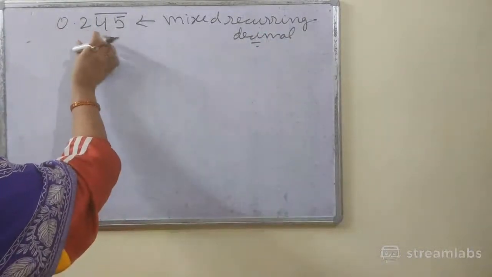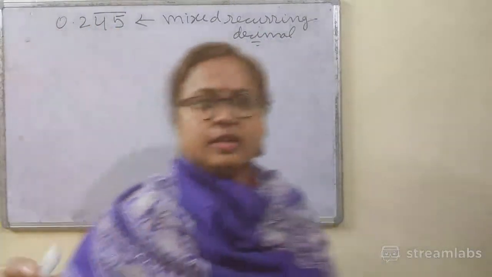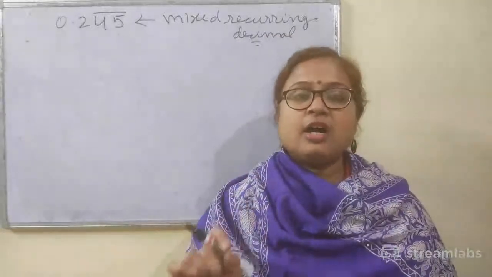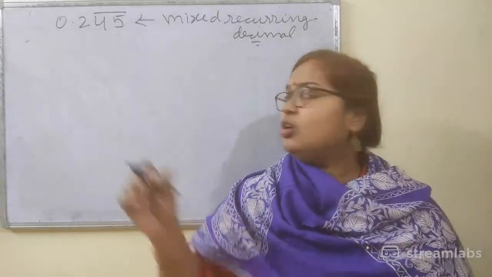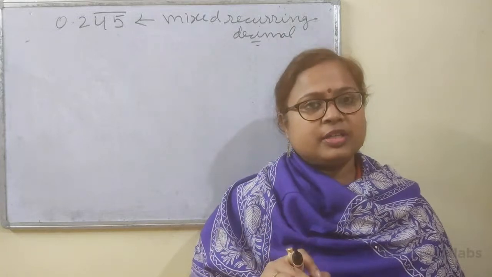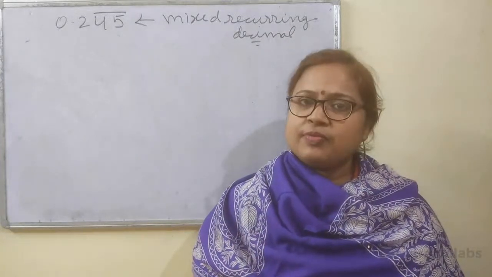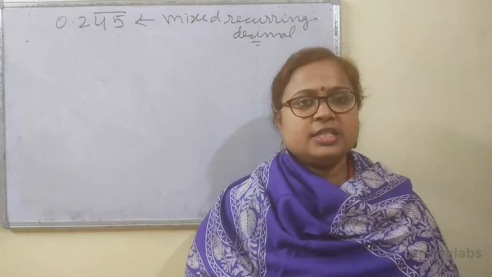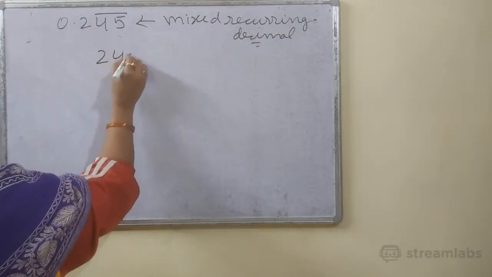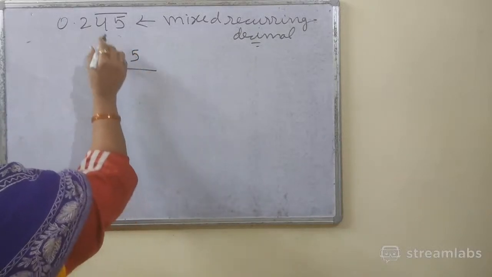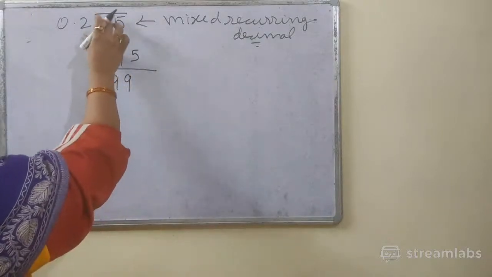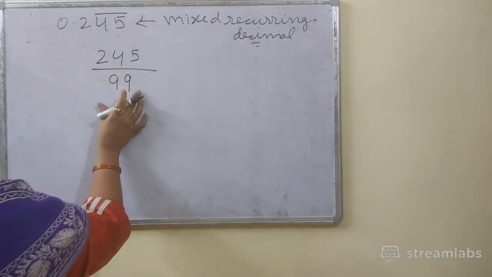Because here in the decimal part, clear, you must have noticed, all the numbers are not repeating. Only 4 and 5 are repeating. 2 is not repeating. So when you get such a decimal, no big process. You write here 2, 4, 5. Then in the denominator how many times do you have to write 9? 2 times, because recurring is on 2 digits. So 2 times you write 9.